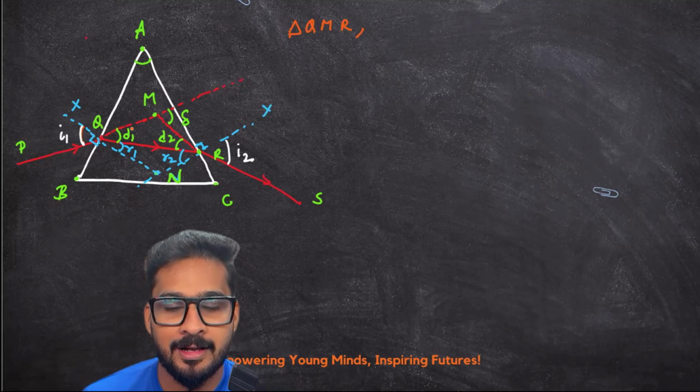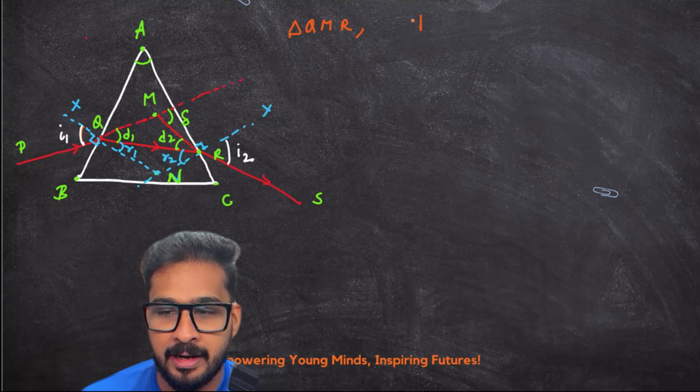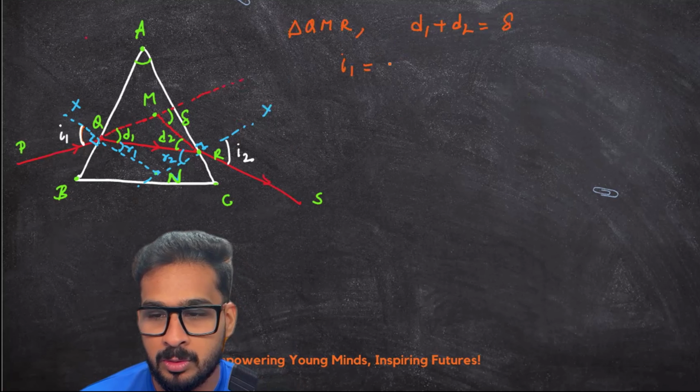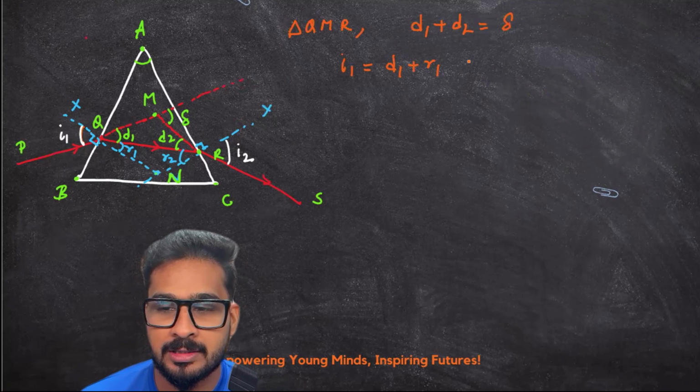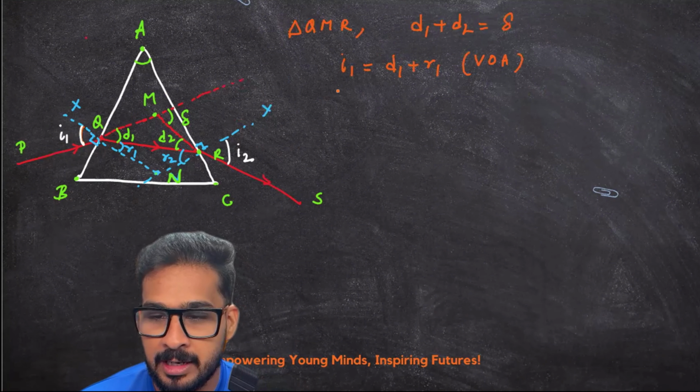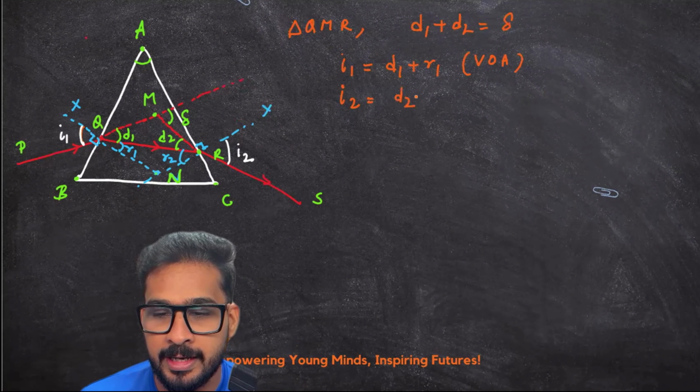By using the exterior angle sum property of the triangle, I can write D1 plus D2 is equal to delta. But here you can see I1 is equal to D1 plus R1, because those are vertically opposite angles. Similarly, I2 is equal to D2 plus R2, vertically opposite angles.